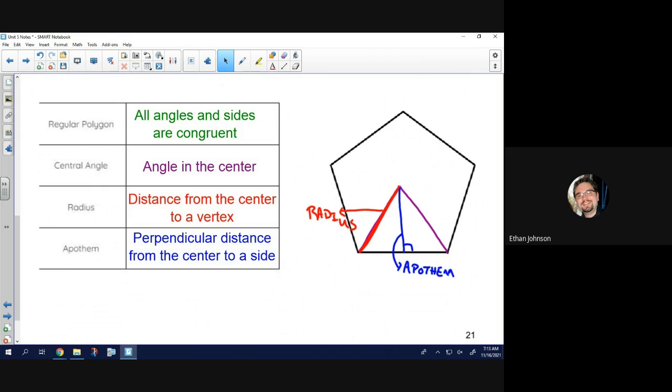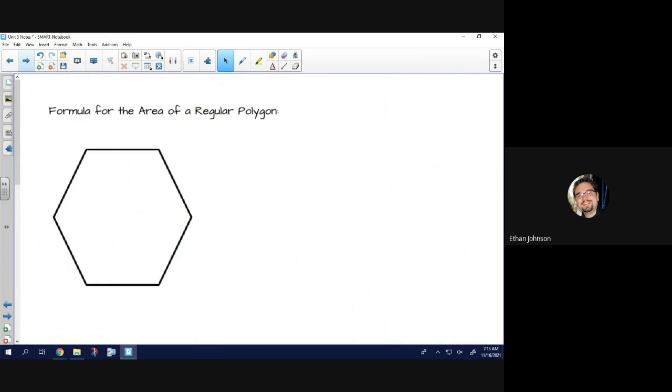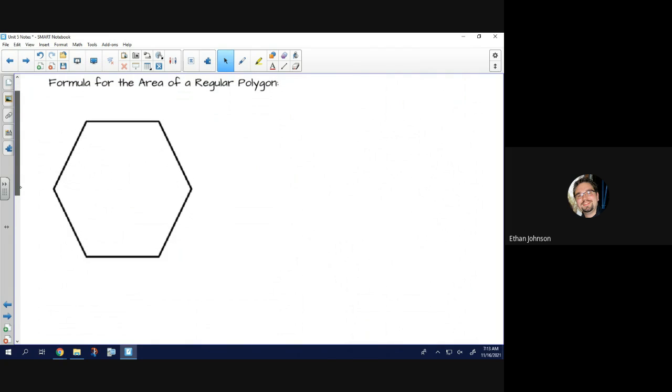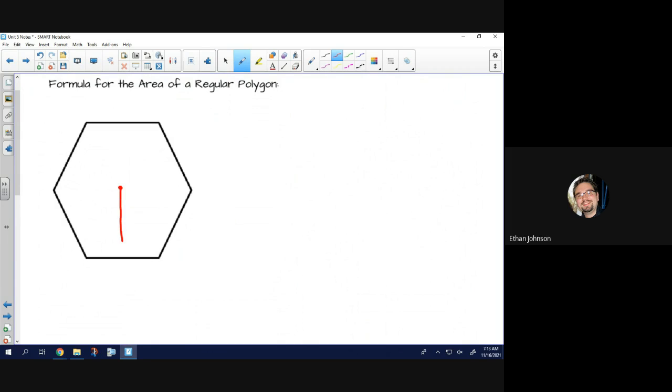So let's actually figure out what this formula is to find the area of a regular polygon. So there's a couple things that we need to know. So first, I'm going to draw in my apothem again. So going from the center, perpendicular to the edge.